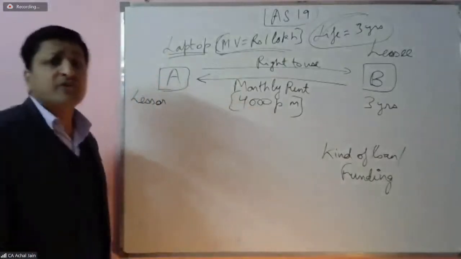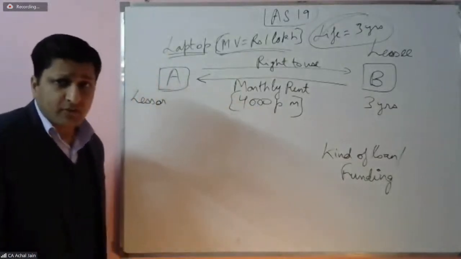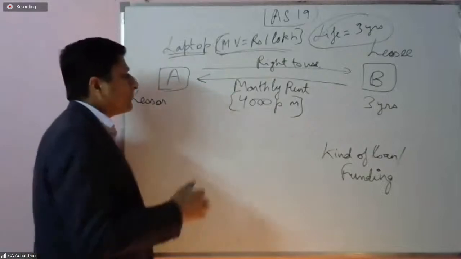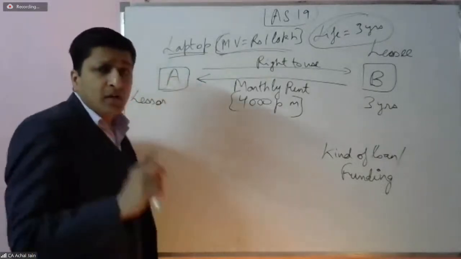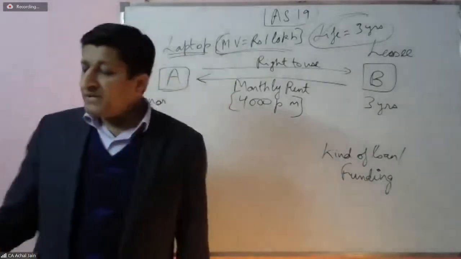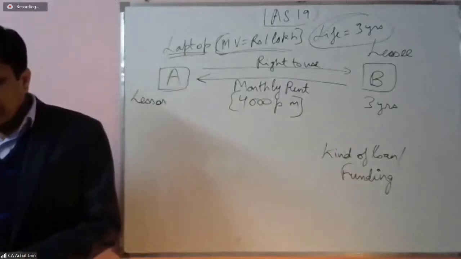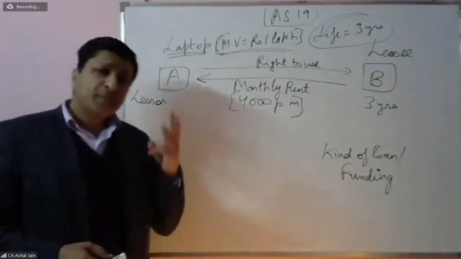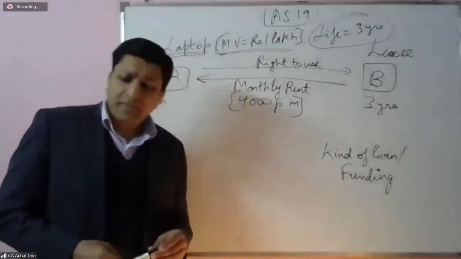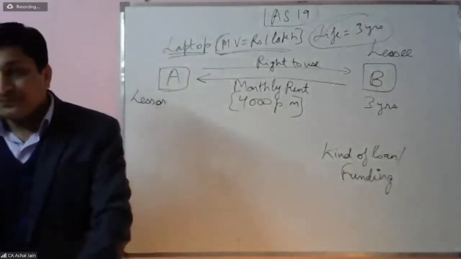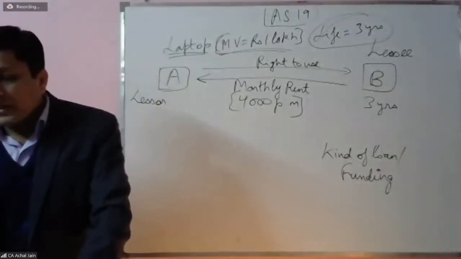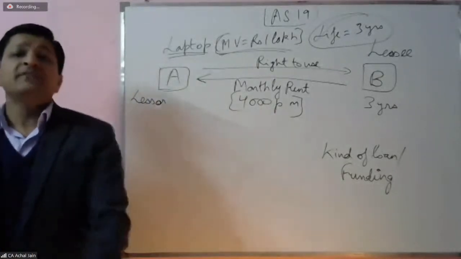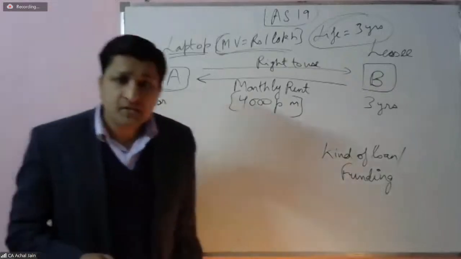As a result of which, what will happen? Let's try to understand. Over a period of 3 years, what is the total amount that B will pay to A? Can you compute and let me know? Quickly, can you tell me what is the total amount which B will pay to A over a period of 3 years?